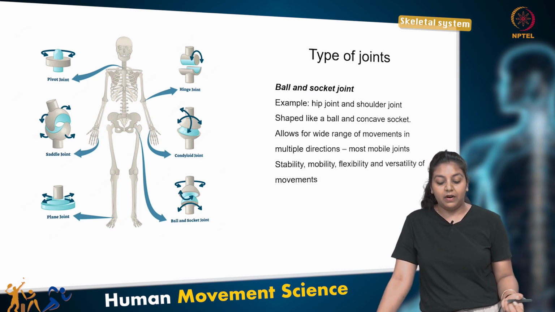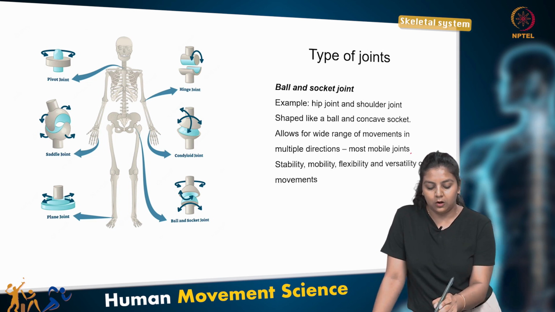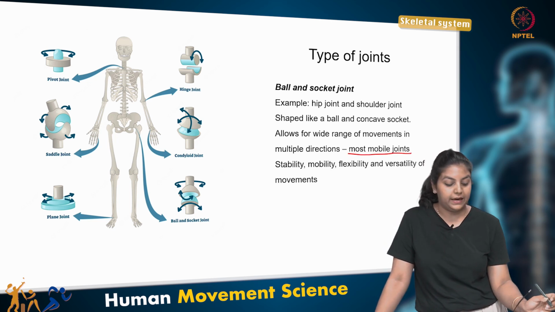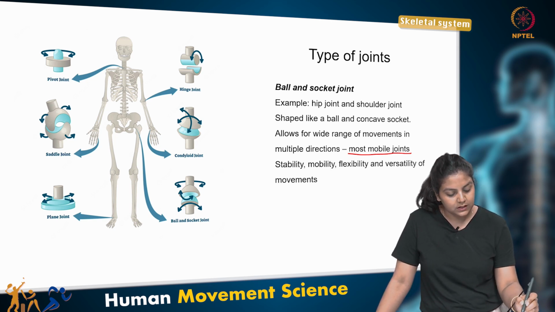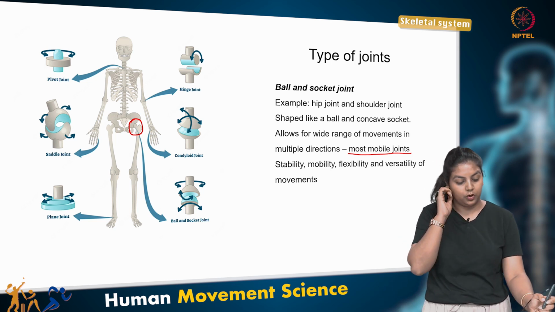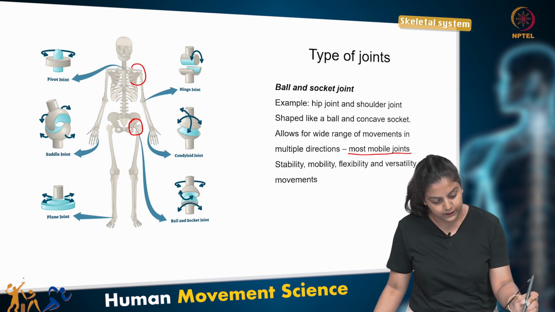So these allow for wide range of movements in multiple directions, and because of that they are the most mobile joints in the body. So example of this is your hip joint and then also your shoulder joint, right.